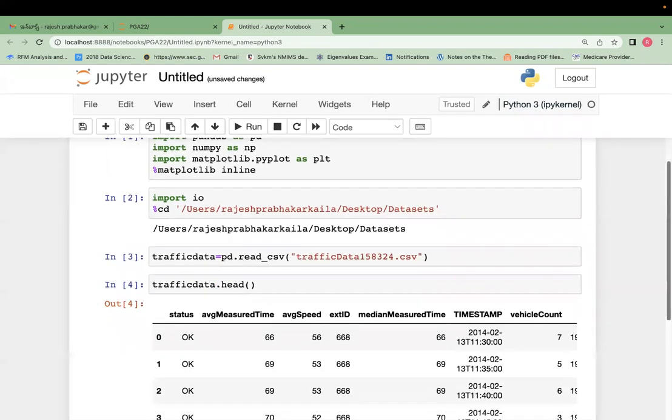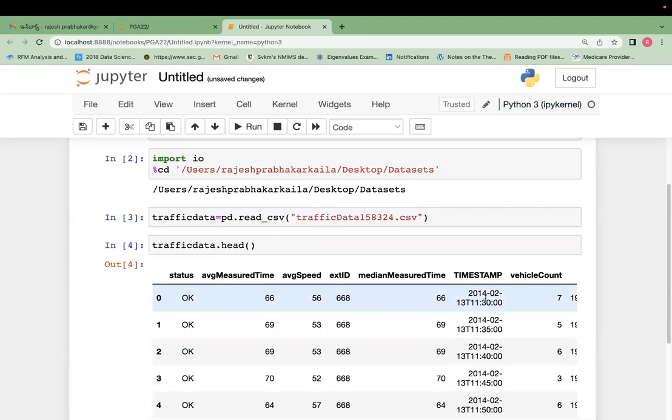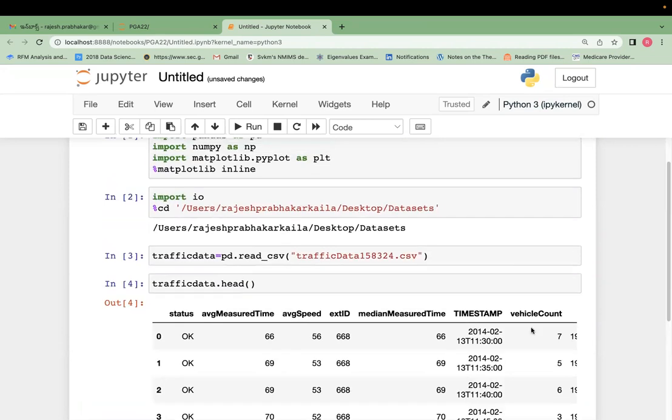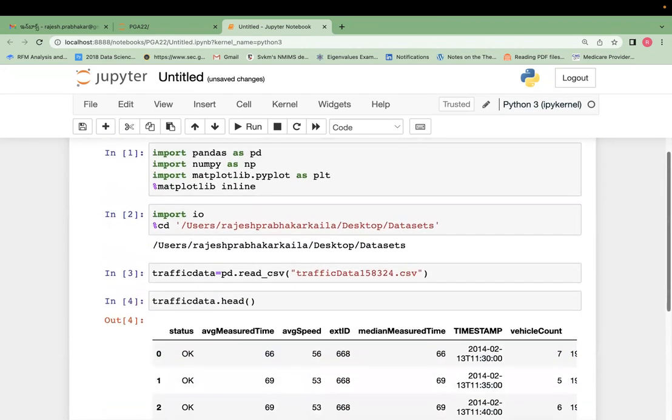If you see the time, every 5 minutes it is counting how many vehicles are passing through that traffic junction. It is counting, and also the average speed of the vehicles, average measured time, and median measured time, how much time it took for measuring the count of vehicles.